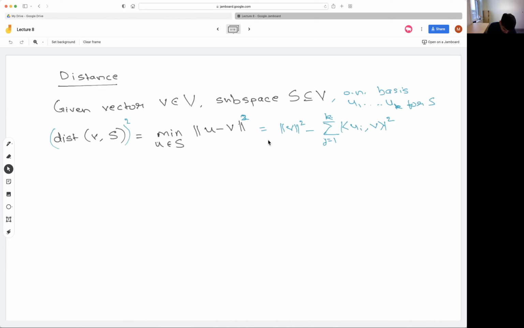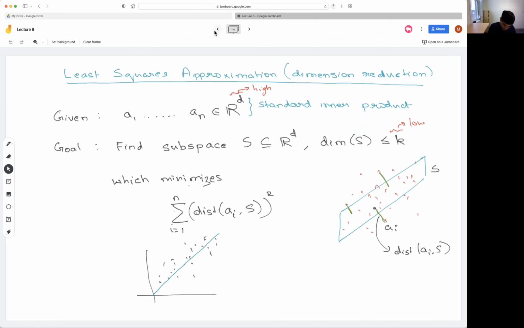It's just going back to our picture on the previous page. What we are saying is that you can write this distance in terms of the norm of A minus the parallel component, which in some sense we are calculating in terms of these Uis.